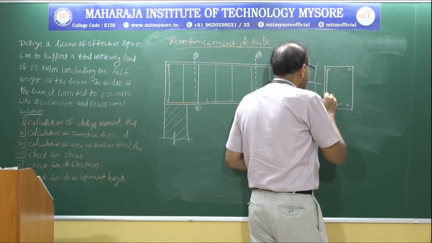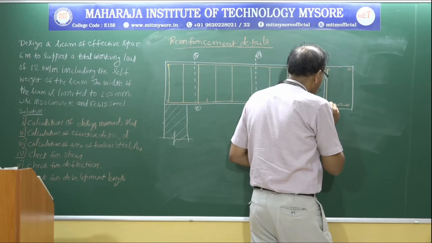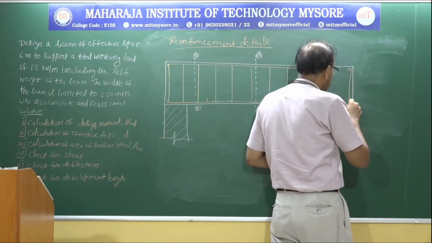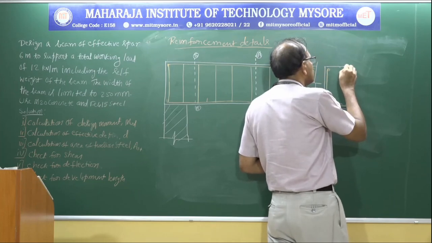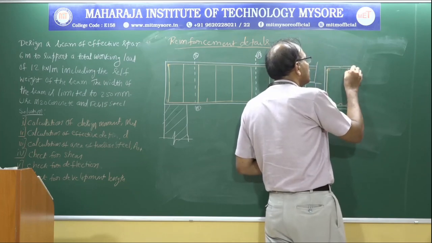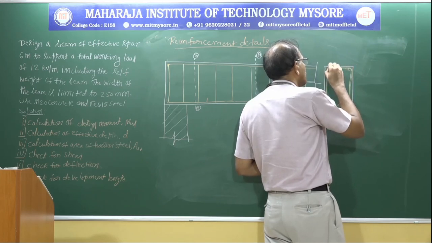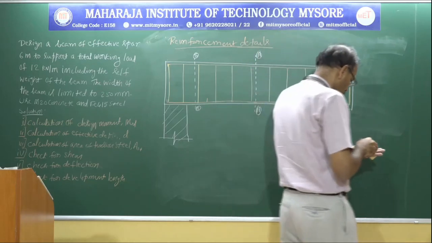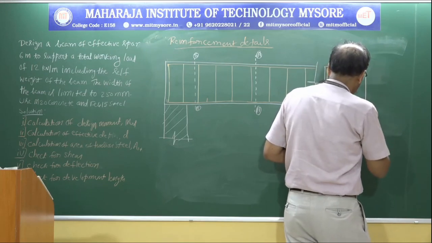These are 8 millimeter diameter stirrups. This is section BB.